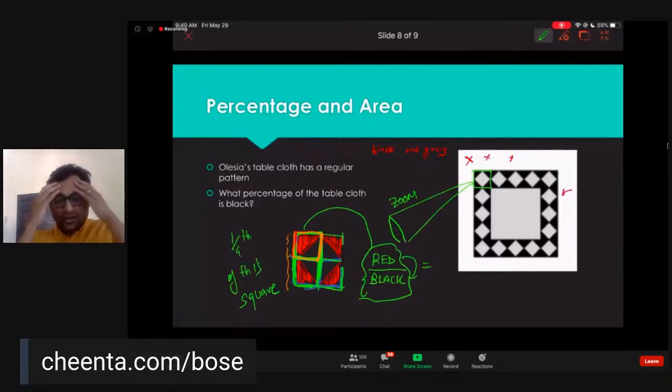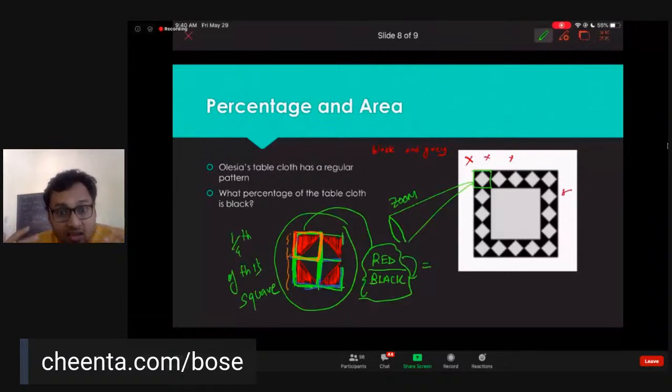So now think about it like this. The black region of the entire square and the red region of the entire square, I'm talking about the big square, comprising of all the small squares. The black region and the red region, they will also be equal, isn't it?